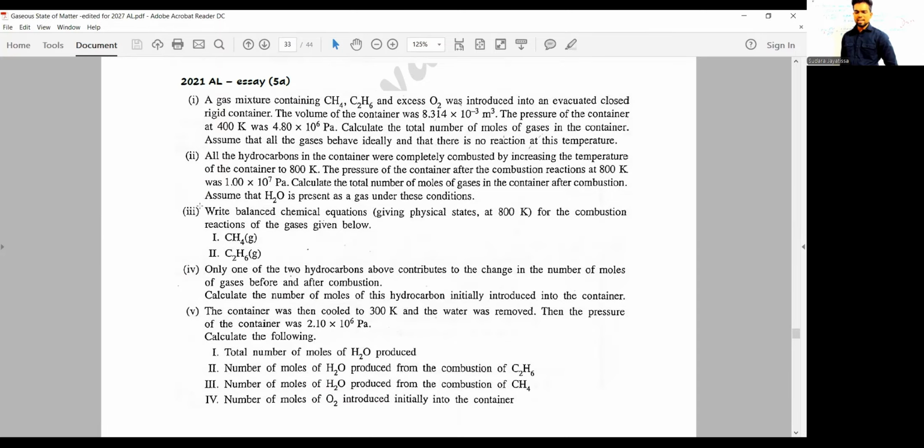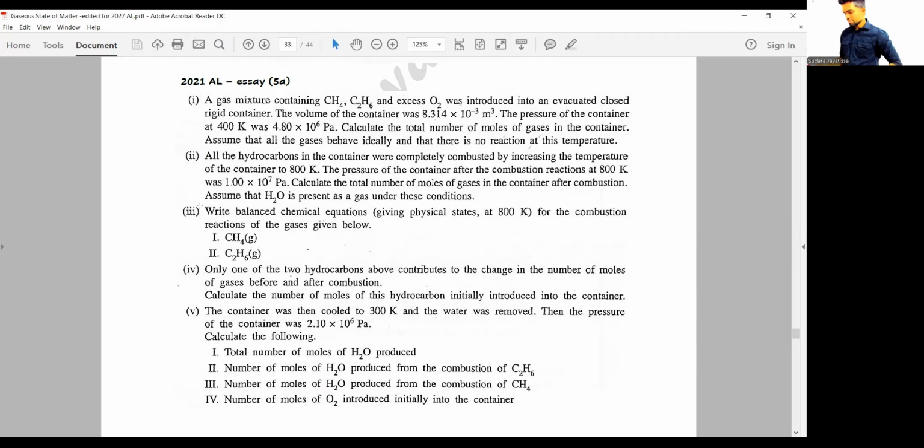Okay, so why do they say 800 Kelvin? Because in combustion reactions, as you learned in chemical calculations, the carbon goes to carbon dioxide and hydrogen goes to water. So at 800 Kelvin, water will behave like a gas, isn't it? Because it's a temperature above 100 Celsius.